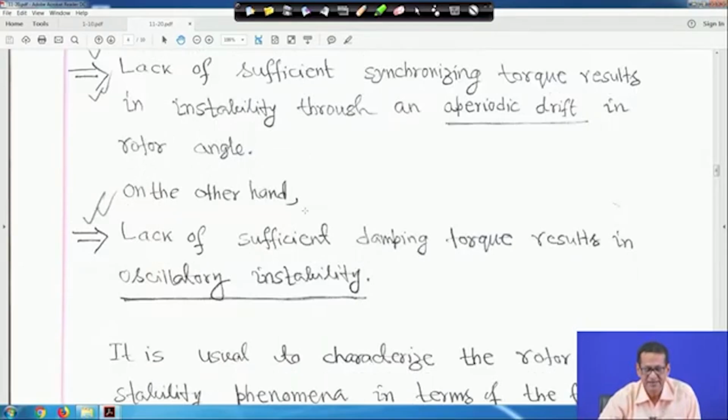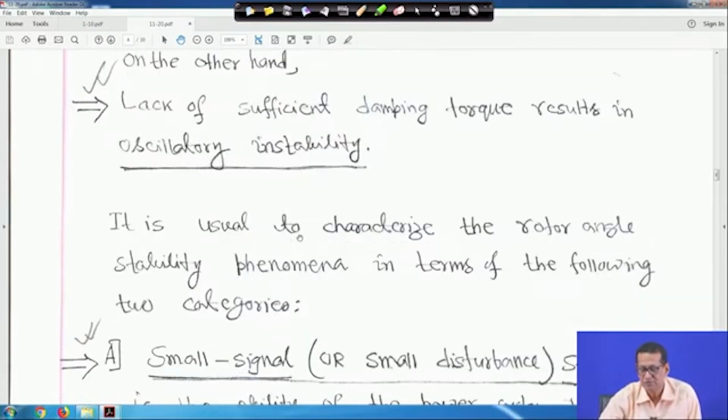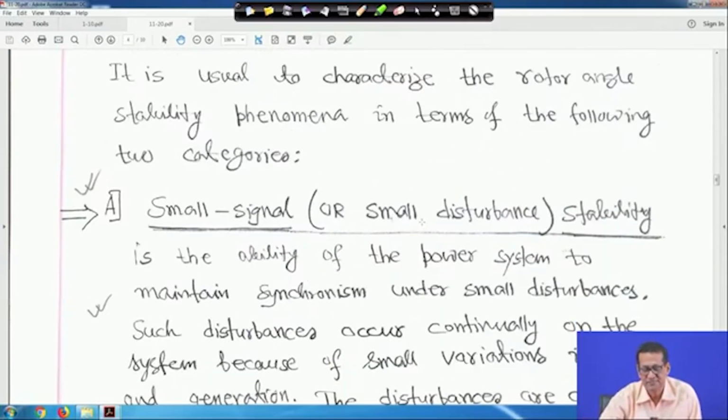On the other hand, lack of sufficient damping torque results in oscillatory instability. It is usual to characterize the rotor angle stability phenomena in terms of two categories. One is small signal or small disturbance stability.